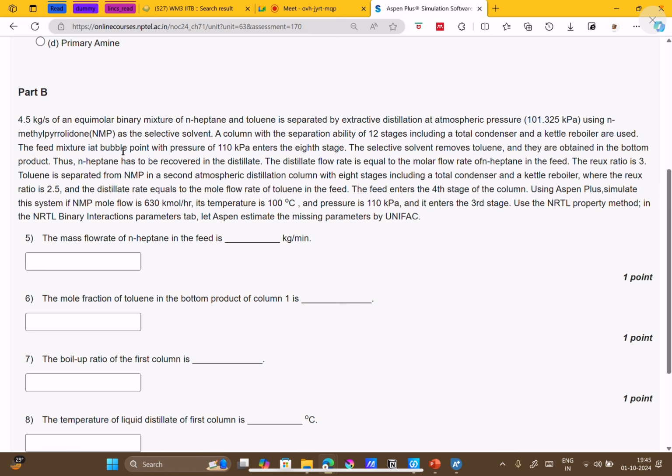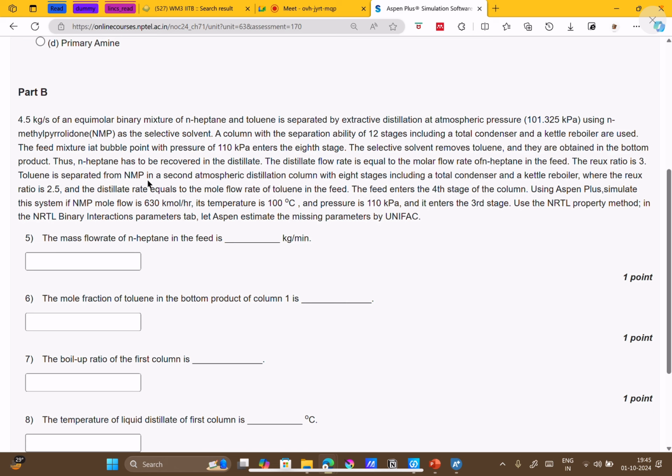The feed mixture is at bubble point with a pressure of 110 kilopascal and enters at the 8th stage. The selective solvent removes toluene, which is obtained in the bottom product. The n-heptane has to be recovered in the distillate. The distillate flow rate is equal to the molar flow rate of n-heptane in the feed. The reflux ratio is 3.